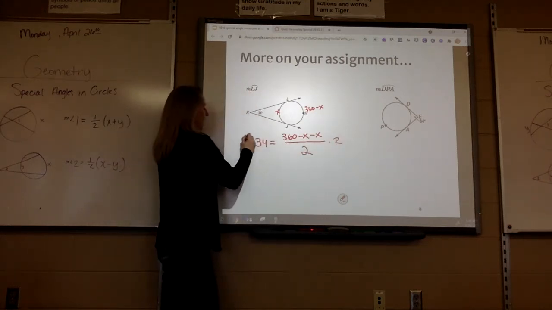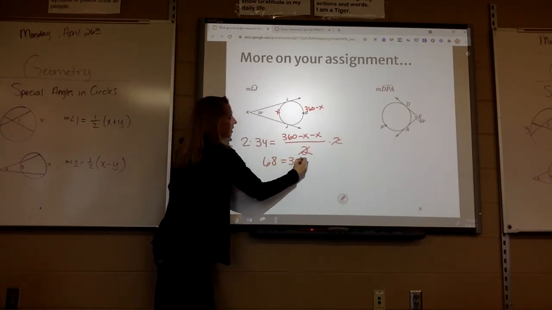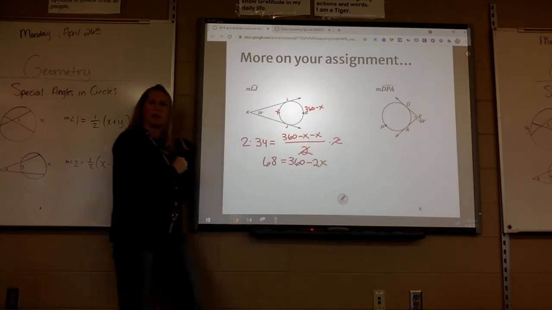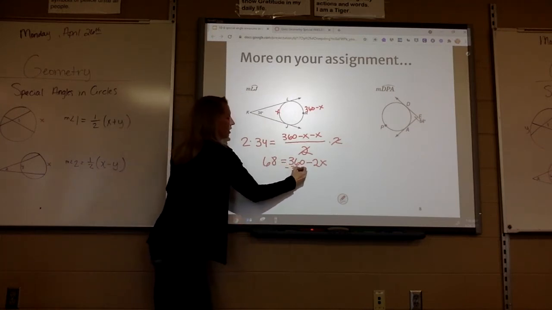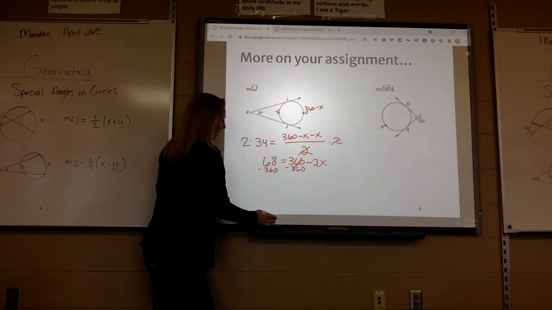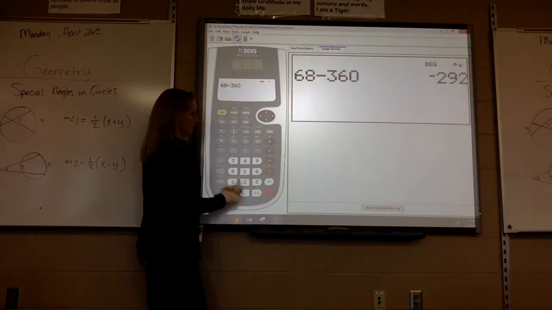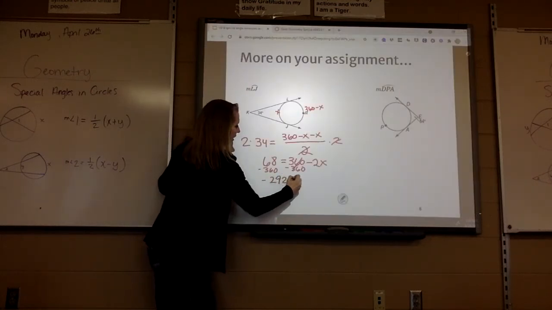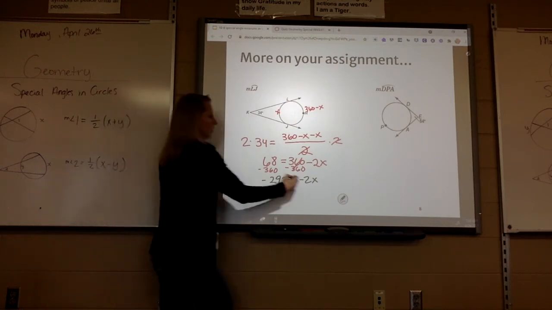Multiply. So 68 equals 360 minus, since I have 2 x's, I'm just going to combine those, minus 2x. So minus 360 on both sides. 68 minus 360 is negative 292. Equals negative 2x, and then what do we do?